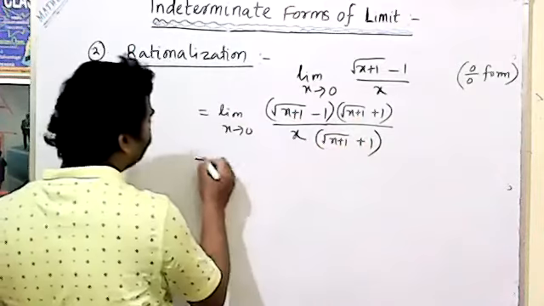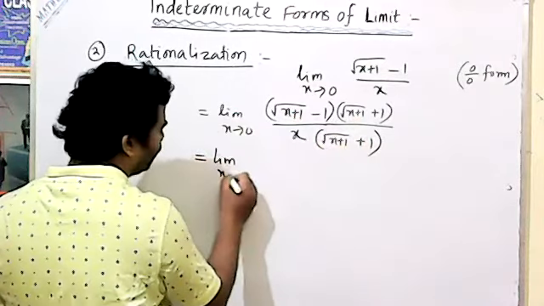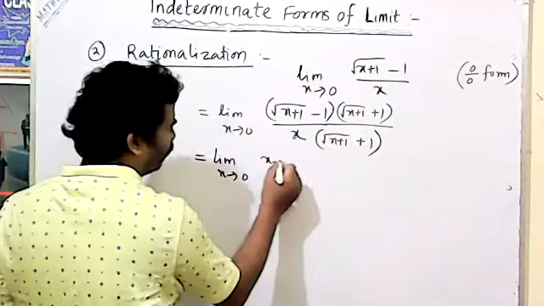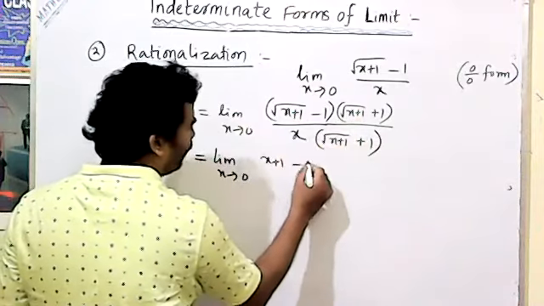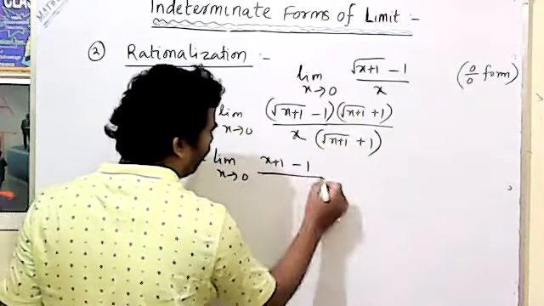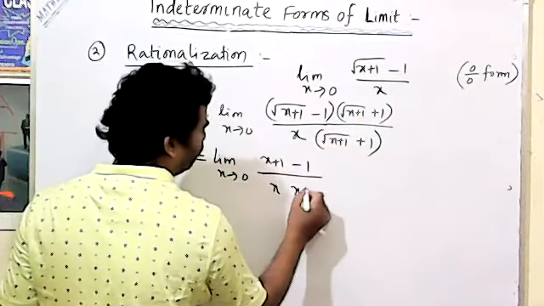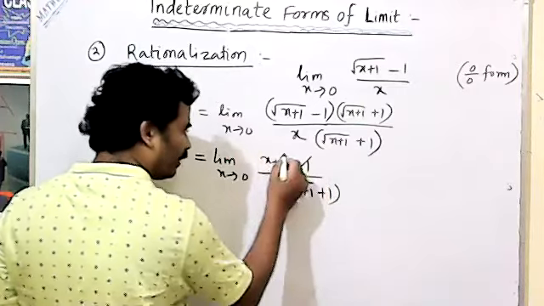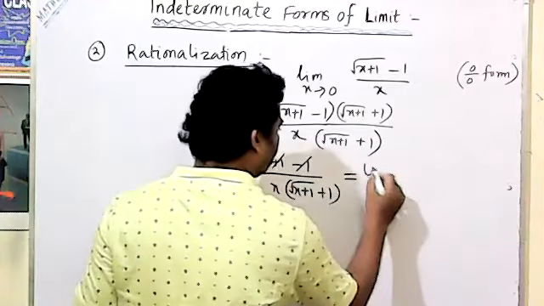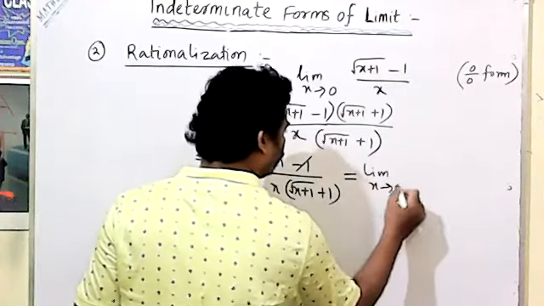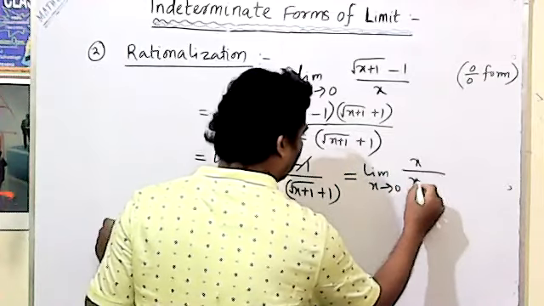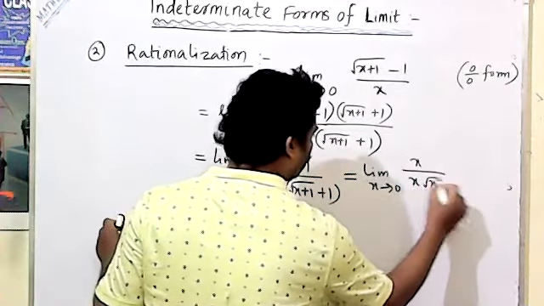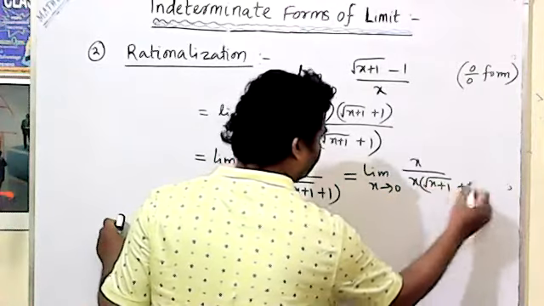After that the value comes, limit x tends to 0, x plus 1 minus 1 divided by x into root over x plus 1 plus 1. Here the 1 cuts. So the value comes, limit x tends to 0, x by x into root over x plus 1 plus 1.